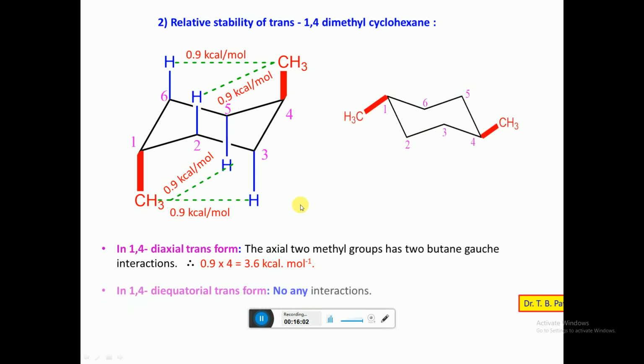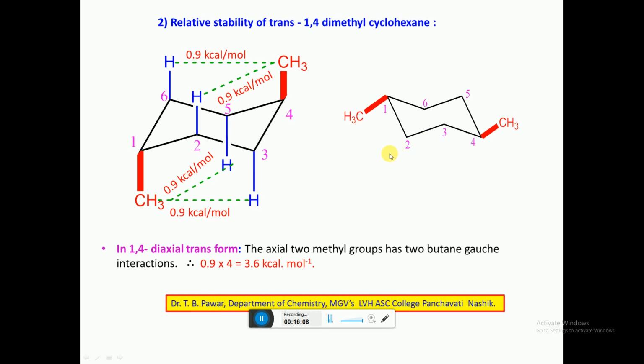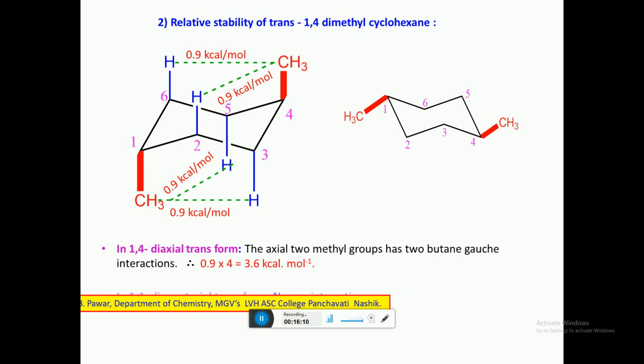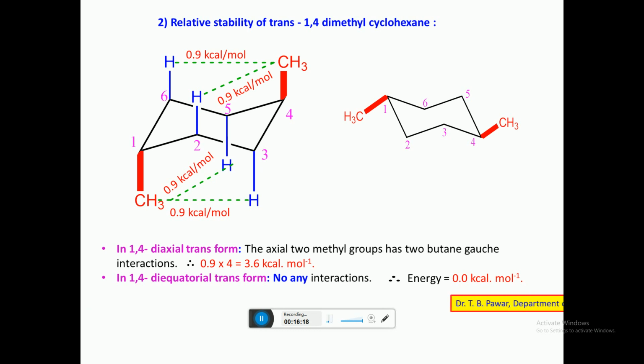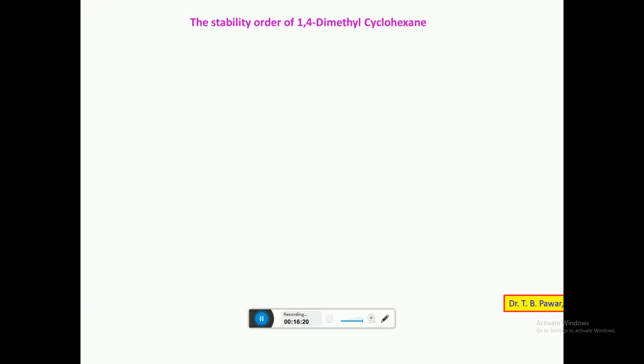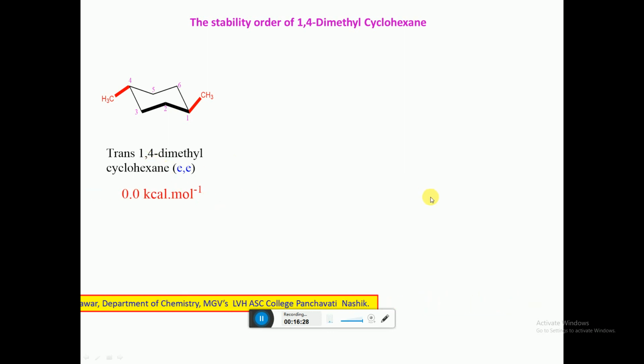Now whenever the equatorial form is there, there are no interactions, so it is very stable and the energy is 0.0 kilocalorie per mole. Now the stability order of all these cis and trans isomers of 1,4-dimethyl cyclohexane: the equatorial form is highly stable and the energy is 0 kilocalorie per mole.